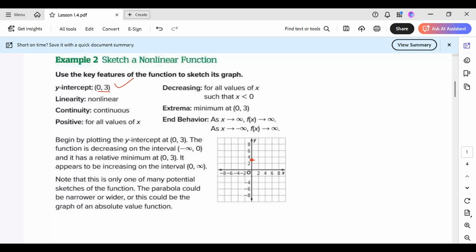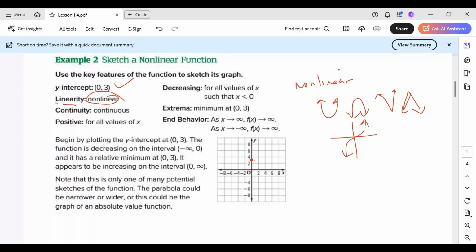The next part says linearity. It is nonlinear, which means we are looking either for a curved graph opening up, a curved graph opening down, a V-shaped graph up, a V-shaped graph down, a cubic function going up or going down, or a reciprocal function, which means it's opening to the right.